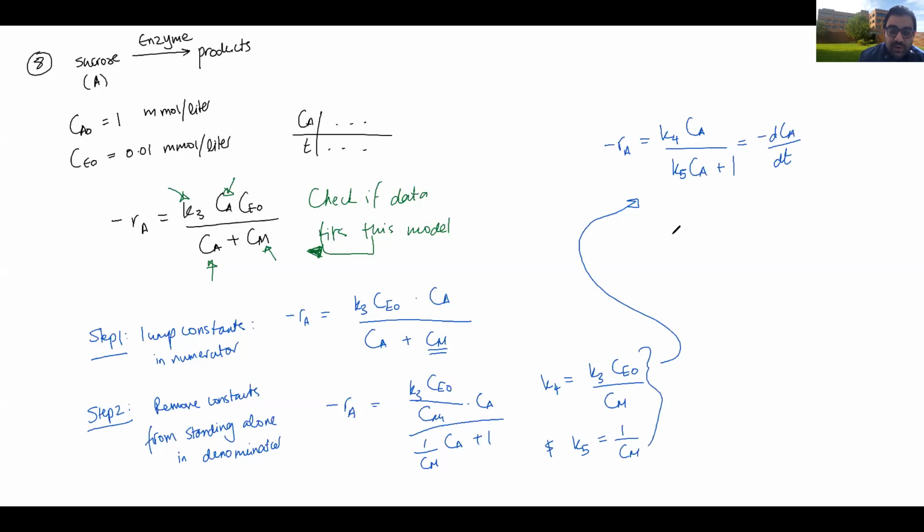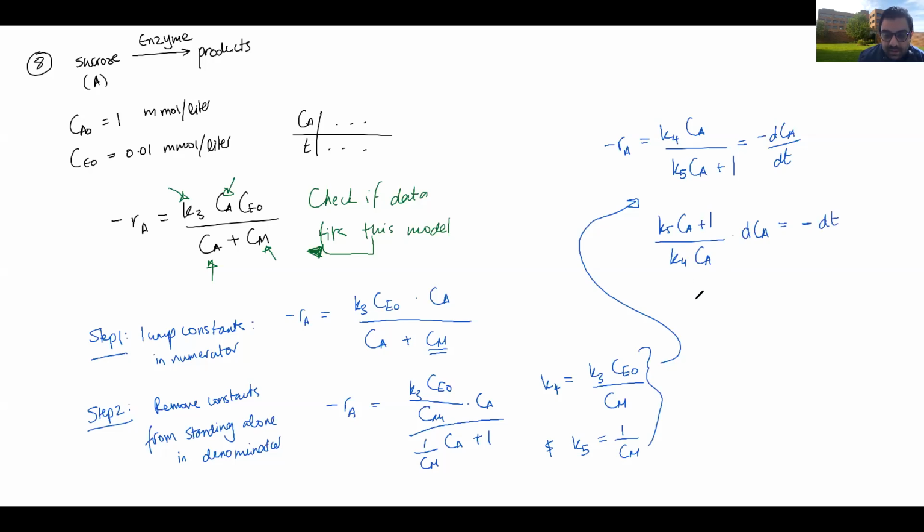So now let's separate the variables and integrate. If I cross multiply, I get K5 CA plus 1 divided by K4 CA multiplied by dCA, and this is equal to minus dt, right?